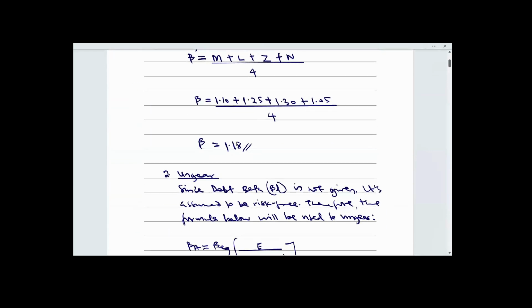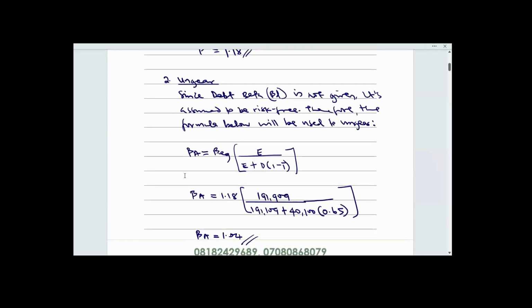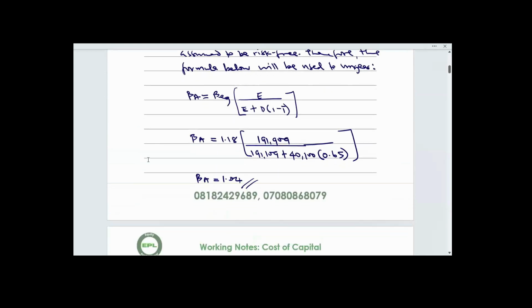The 191,909, is it not the same D that we are having in the denominator? It's 909, not 109. The answer is still correct. Thank you for the observation, Kemi.